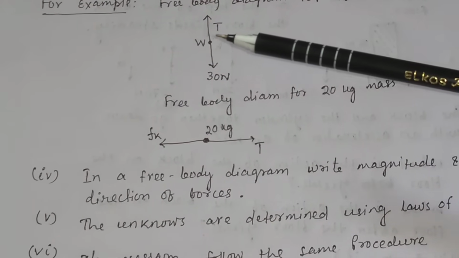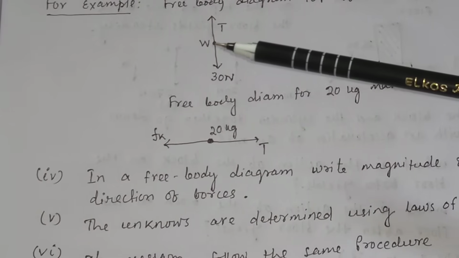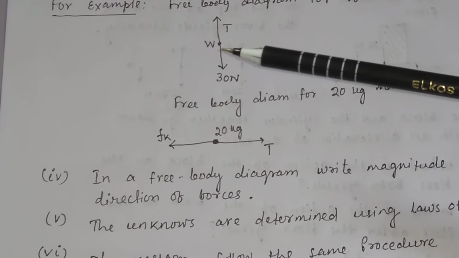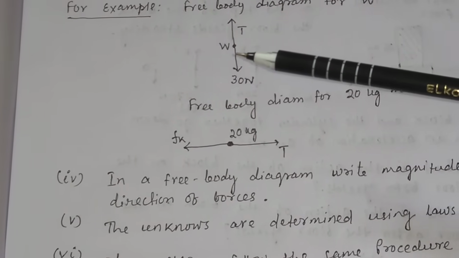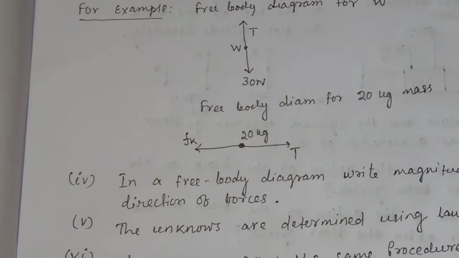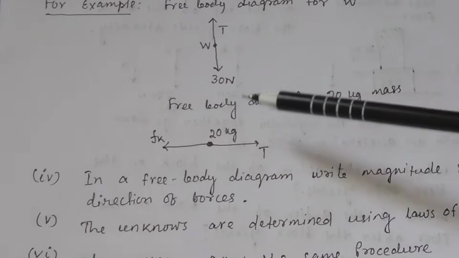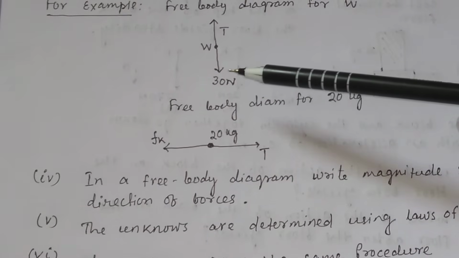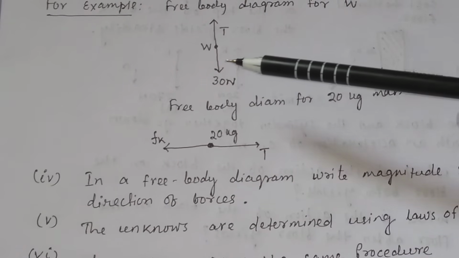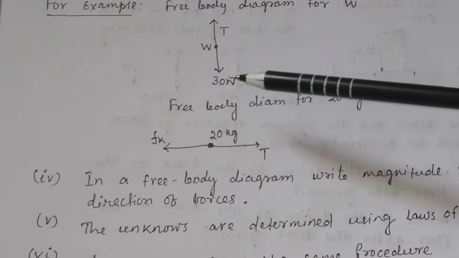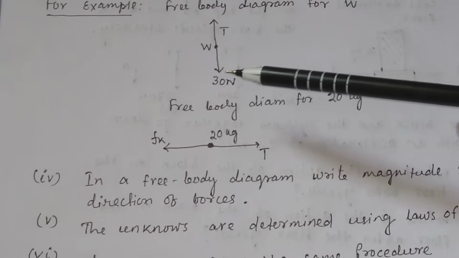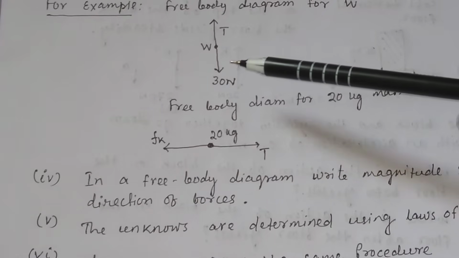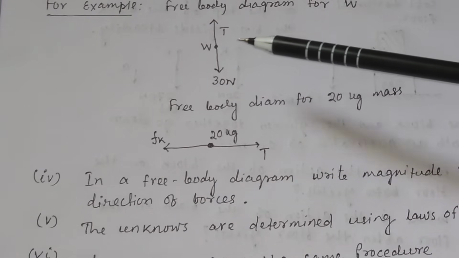So all the forces for this system are the tension and the gravitational force, that is, the weight due to the 3 kg mass, which you say are the forces on the system by other agencies. Here the gravitational force is the other agency.